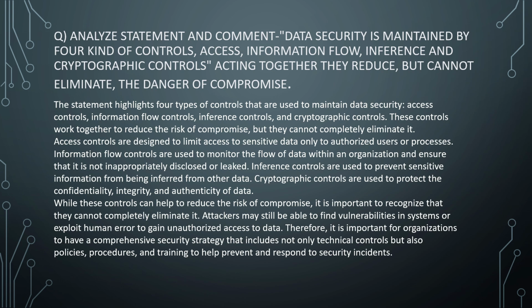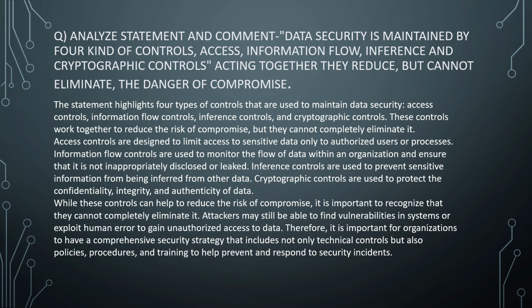Access controls are designed to limit access to sensitive data only to authorized users or processes. Information flow controls are used to monitor the flow of data within an organization and ensure that it is not inappropriately disclosed or leaked. Inference controls are used to prevent sensitive information from being inferred from other data.